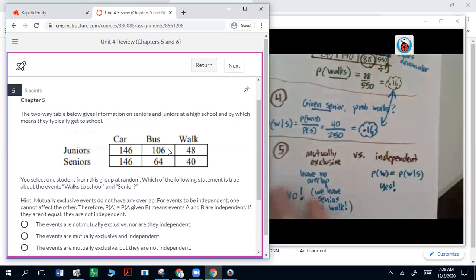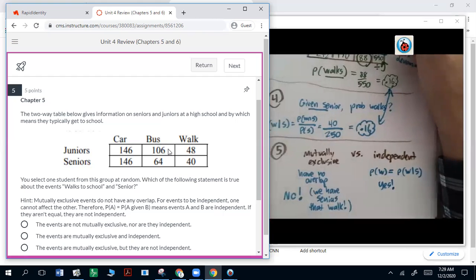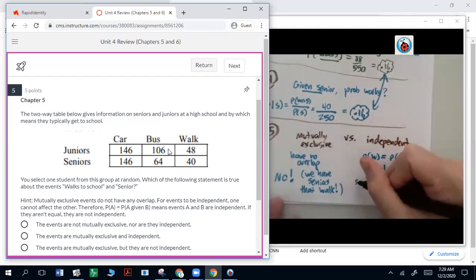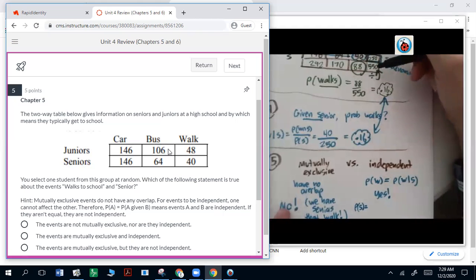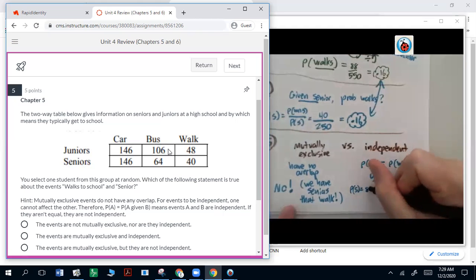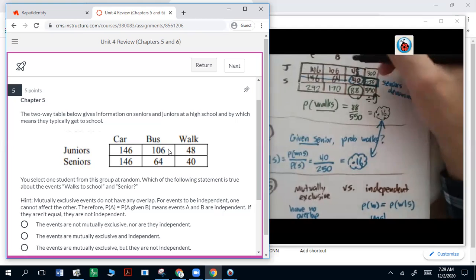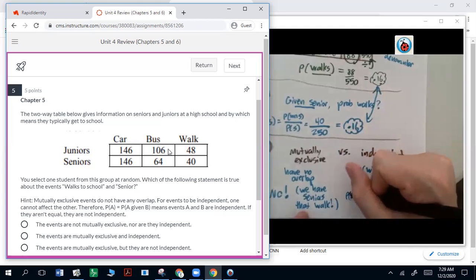Another way to think about that is you could get the probability of seniors, 88 out of 550. So you could do the overall, right? The probability of walking, that's probability of walking, not seniors.